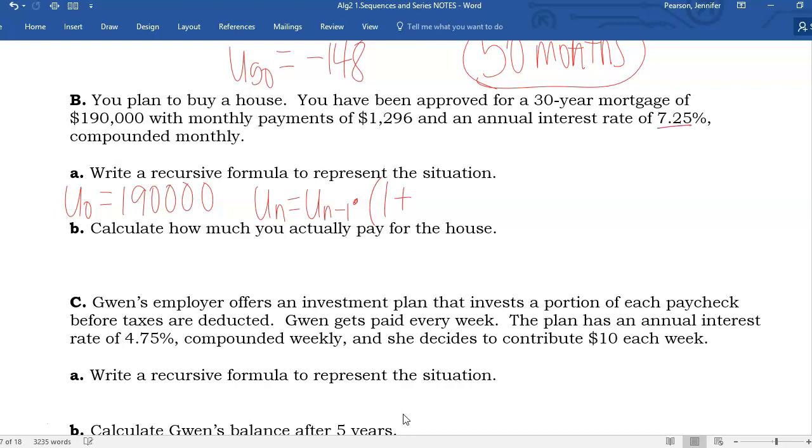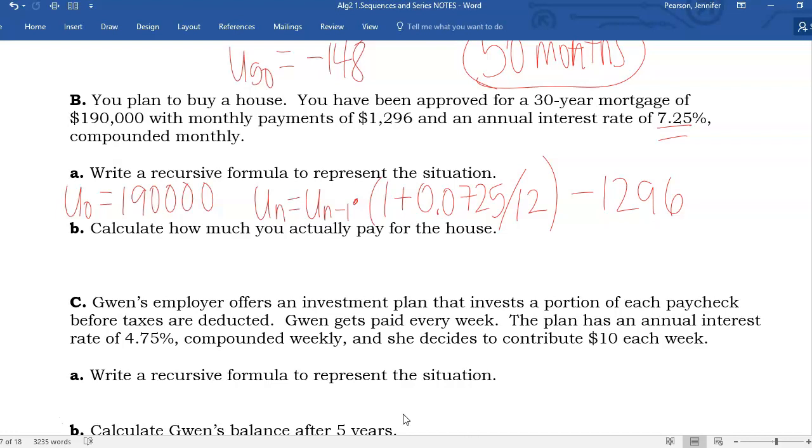We have a 7.25% rate, so that is 0.0725 monthly payments. And we are paying $1,296. Bam. So that is our formula. I'm actually not even going to bother putting this into the calculator because I think you've seen me do that a bunch of times. Hopefully we know how to type these in.